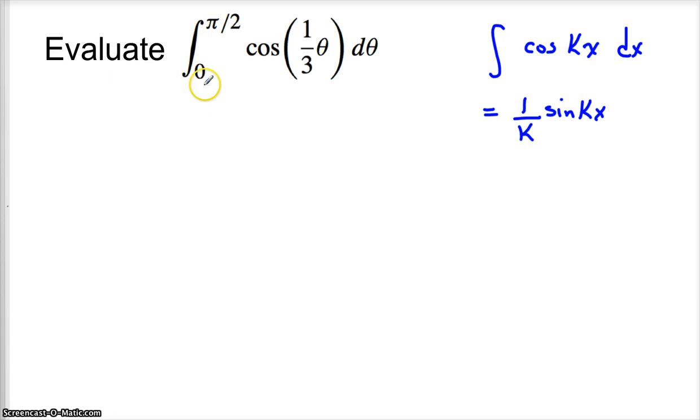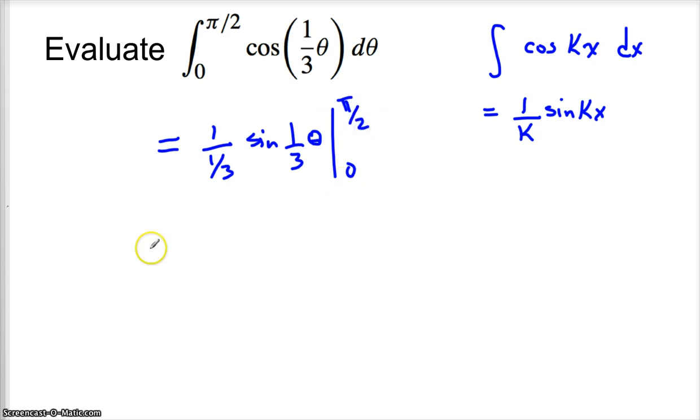Here we have a definite integral because we have limits here from 0 to pi over 2. So we'll just use this formula here. It'll be 1 over, now the constant's 1/3, so 1 over 1/3 sine 1/3 theta from 0 to pi over 2. Let's simplify this. This is 3 sine 1/3 theta from 0 to pi over 2.